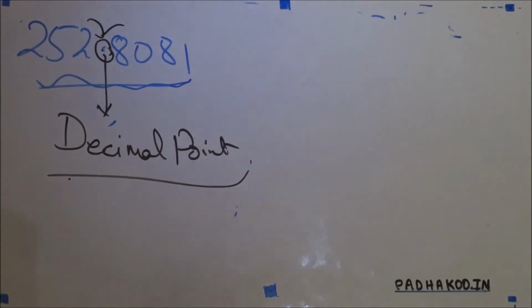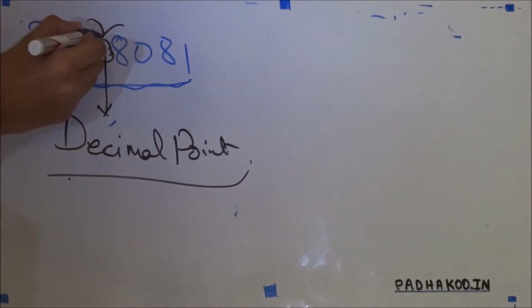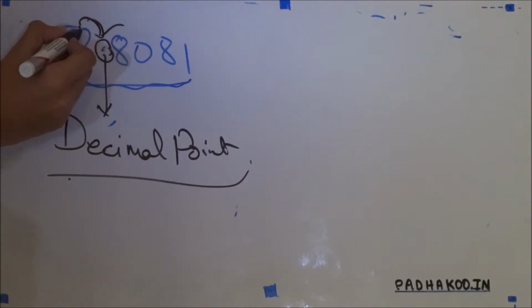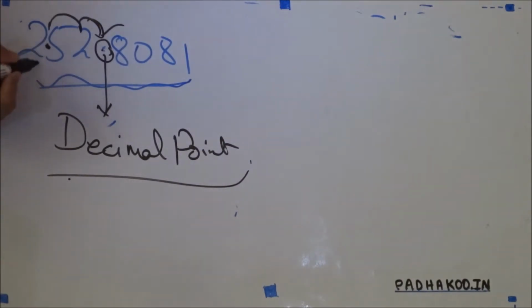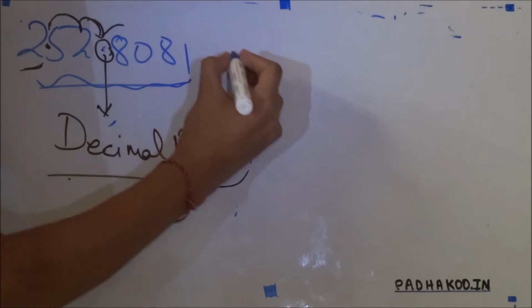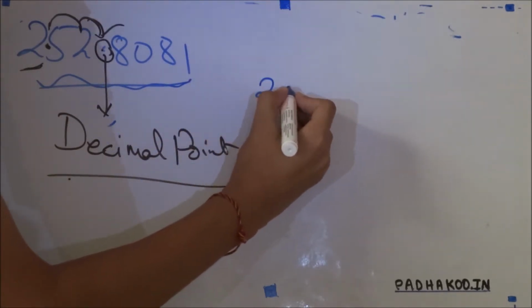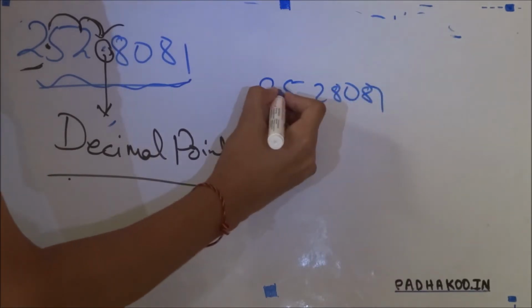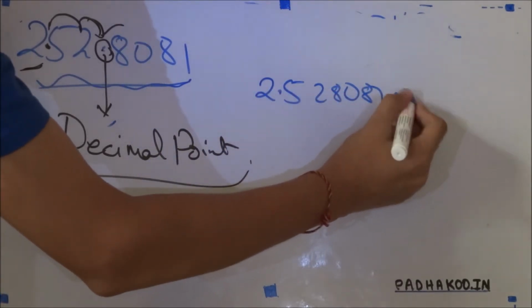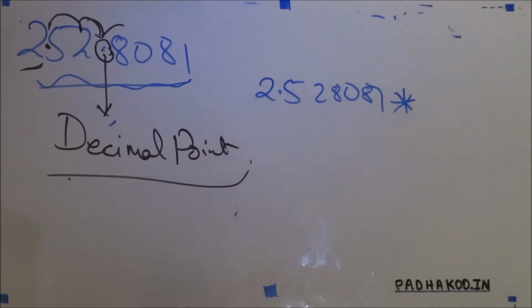In this case, I will shift this point to the left by 1 and 2 places, so that the point comes here and there is only one number to the left of the decimal point. After shifting, the number becomes 2.528081.